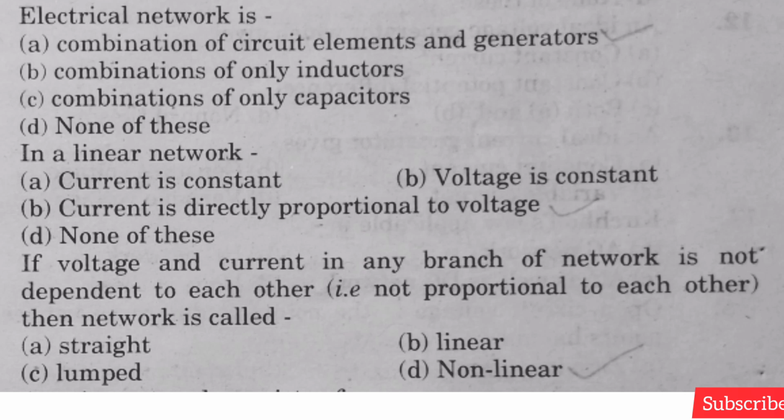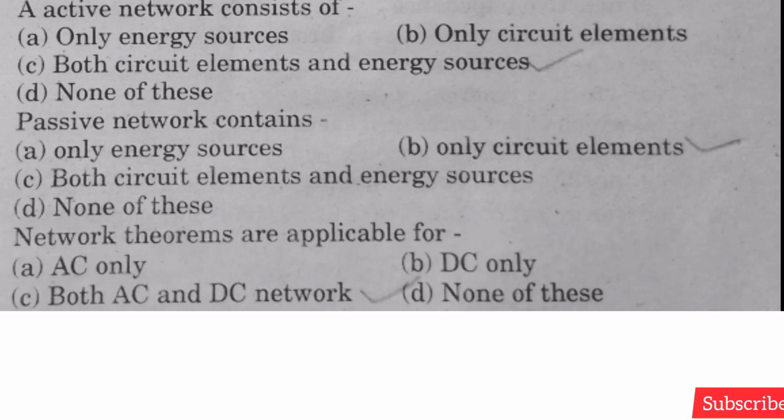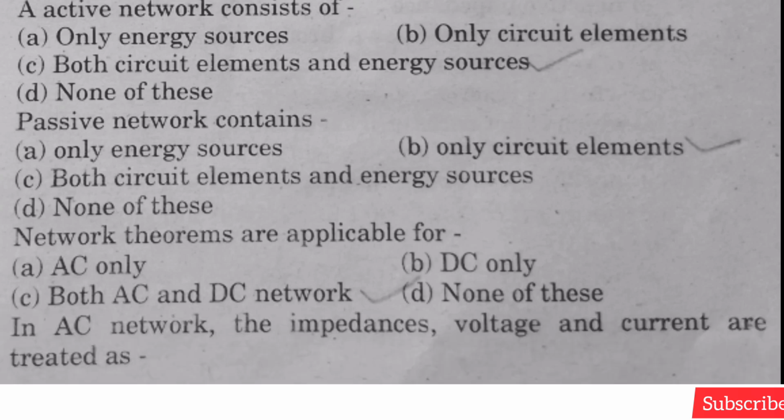Option D is right. An active network consists of both circuit elements and energy source. Passive network contains only circuit elements. Option B is right. Network theorems are suitable for both AC and DC network. Next question is in AC network the impedance, voltage and current are treated as.